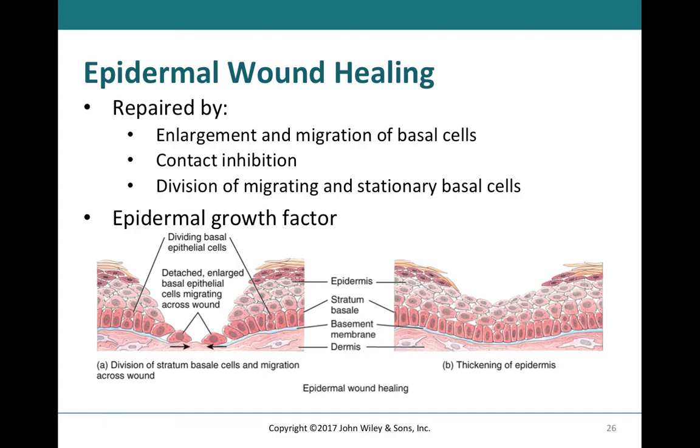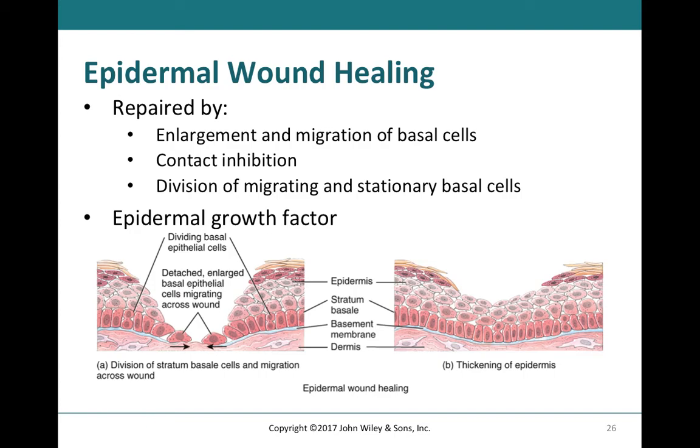So in epidermal wound healing, we'll have enlargement and migration of the basal cells. And then we have contact inhibition occur. And finally, we have more basal cells to divide and migrate and some stationary basal cells.